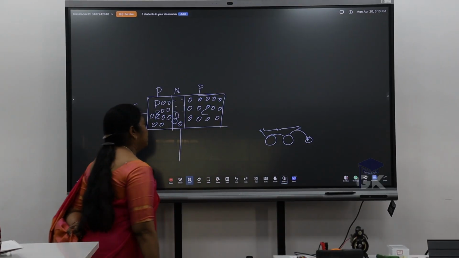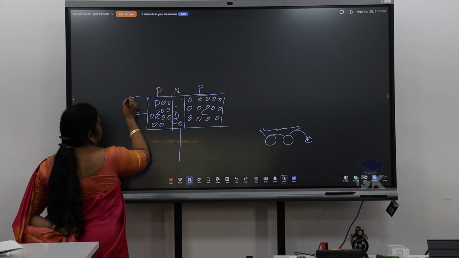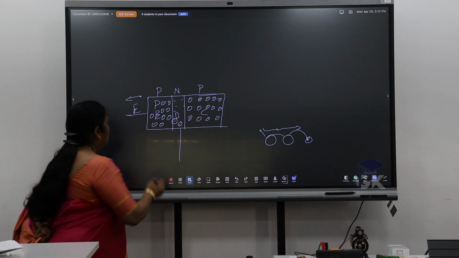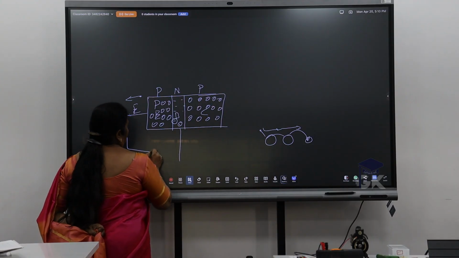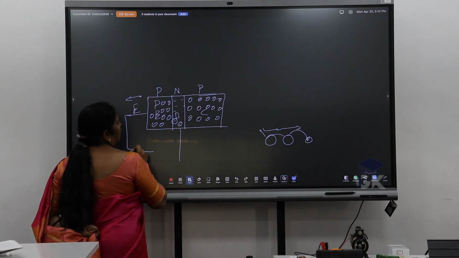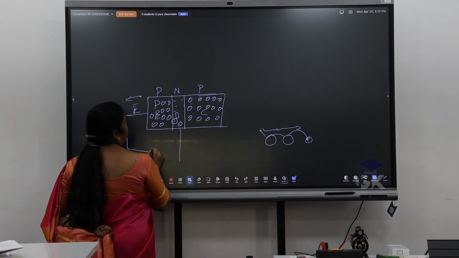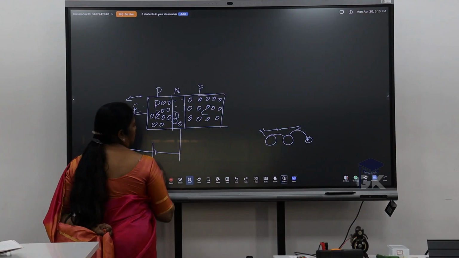So the electron movement is in this direction, and it flows like this. Again, polarity: P type, N type, the emitter-base should be forward biased, correct?